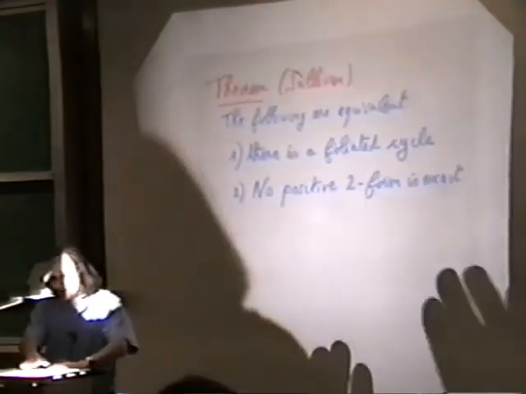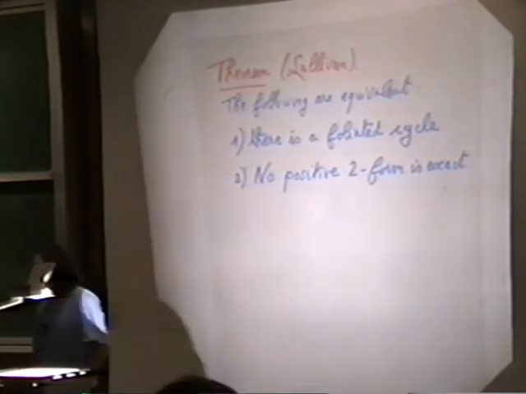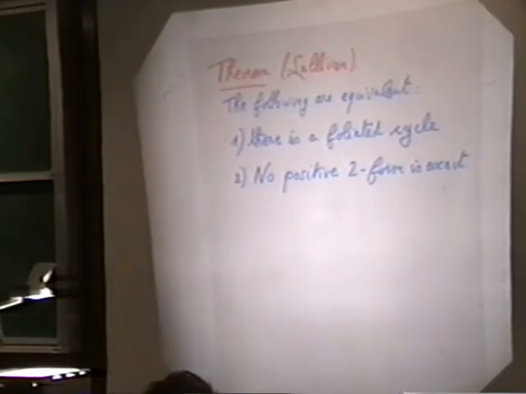Now you can ask yourself, do these objects exist? And you have a nice theorem, also due to Sullivan, which says the following. The existence of a transverse invariant measure, or if you prefer, the existence of a foliation cycle, is equivalent to the non-existence of a positive exact two-form.